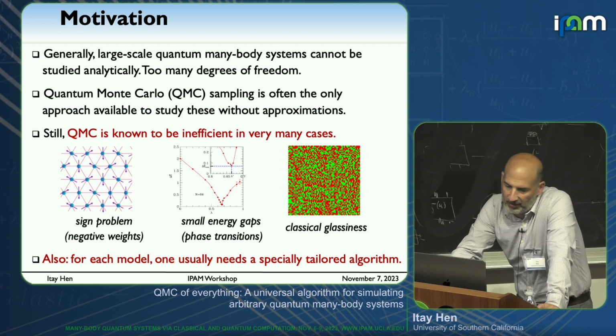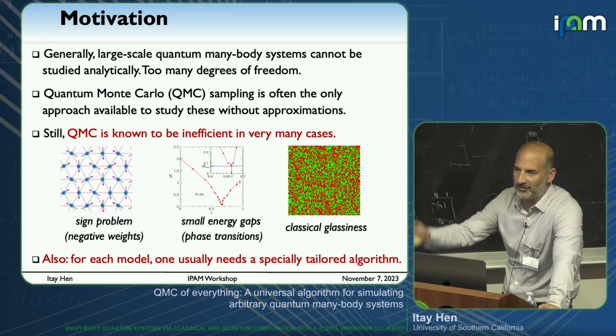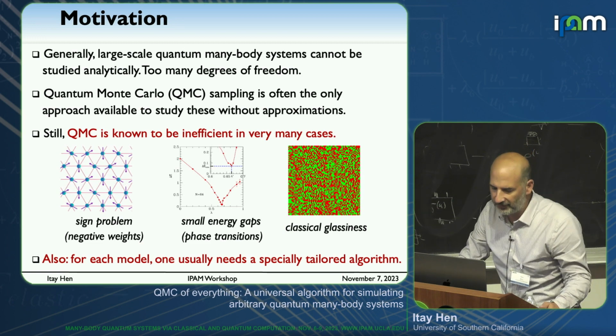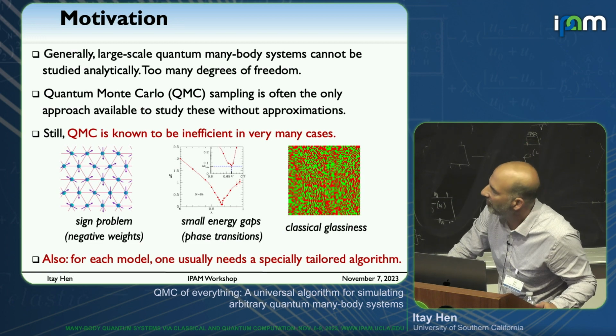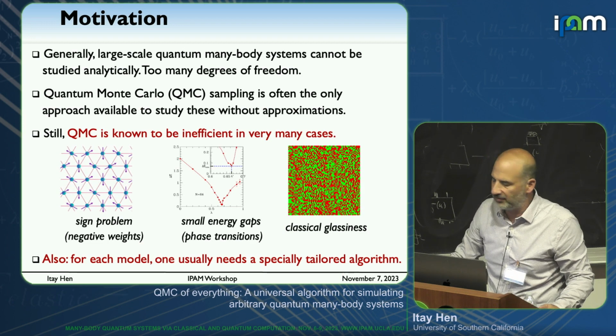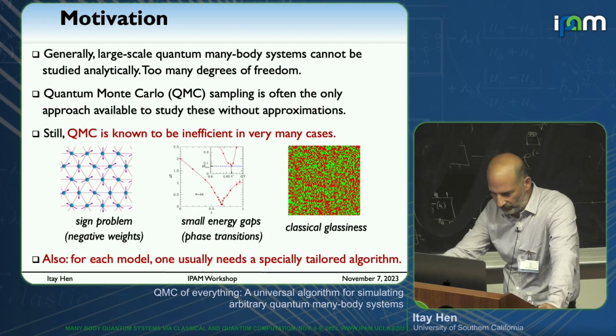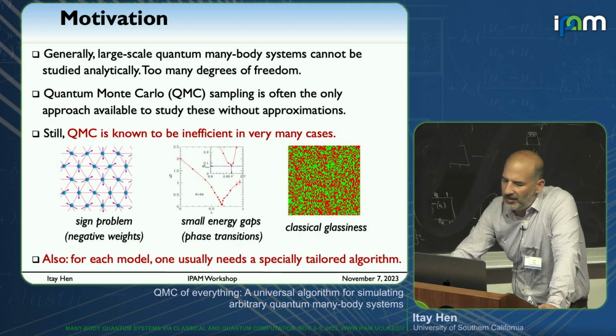But of course, quantum Monte Carlo, you can't use it on everything. First of all, of course, we have the sign problem, where we have either frustrated systems or fermionic systems. Then we have this huge problem, I'll talk about what that is maybe briefly.